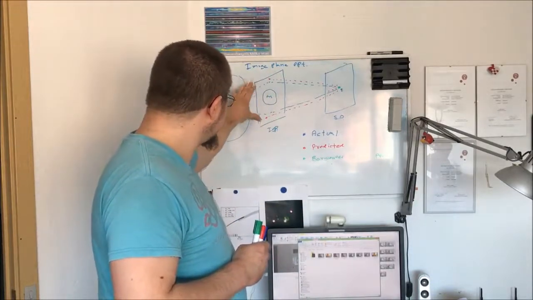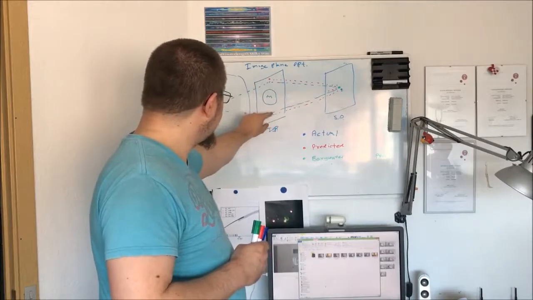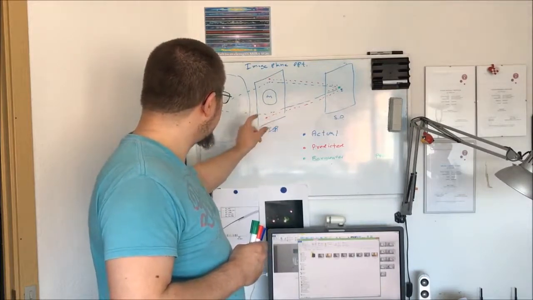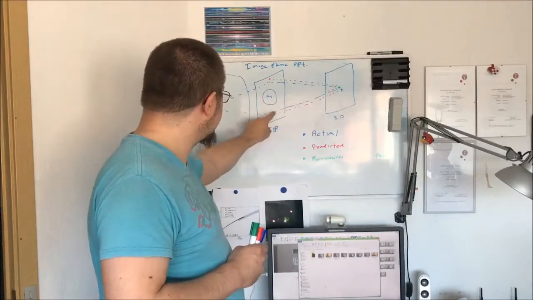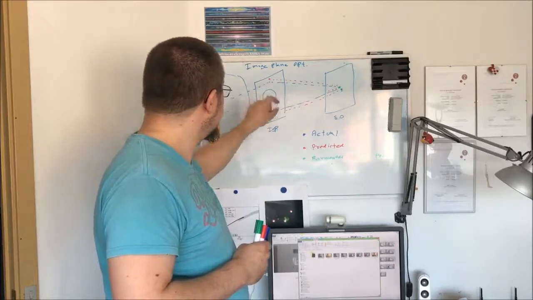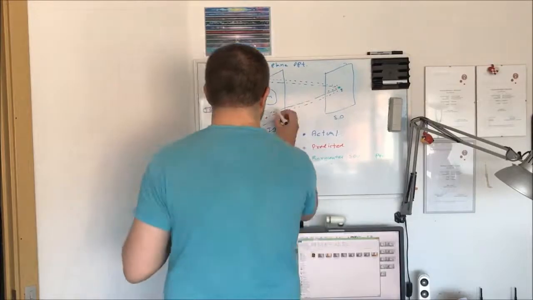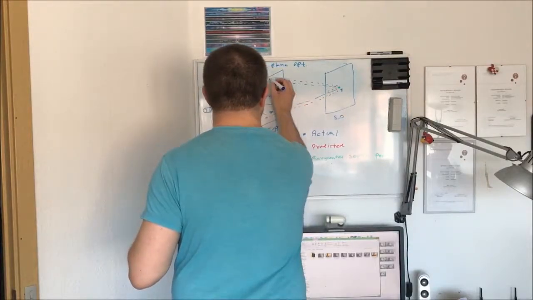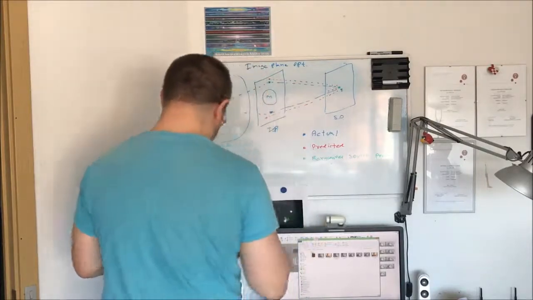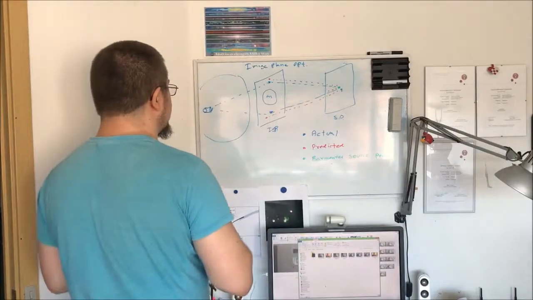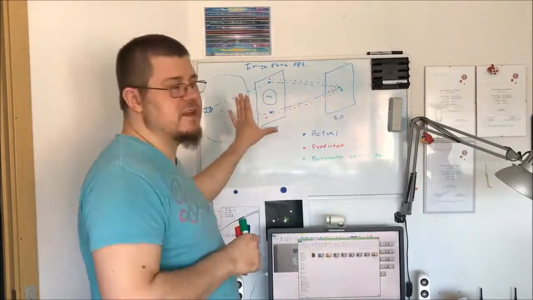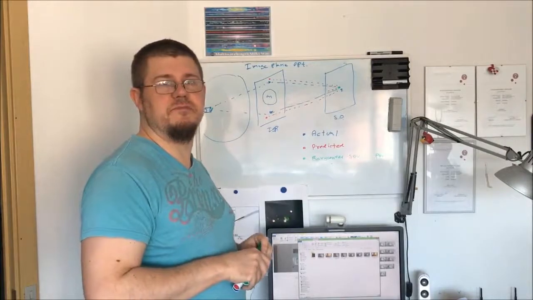But eventually we hopefully end up with a model where they converge, so the predicted images are closer to the actual image positions. Maybe I should do it like this, so you can better see that this is the image position. So this is basically what a lensing code does.